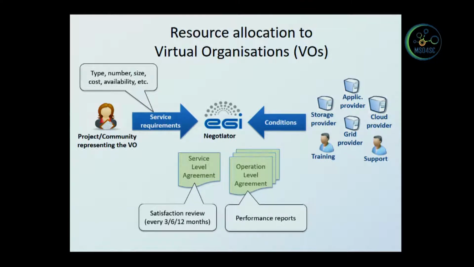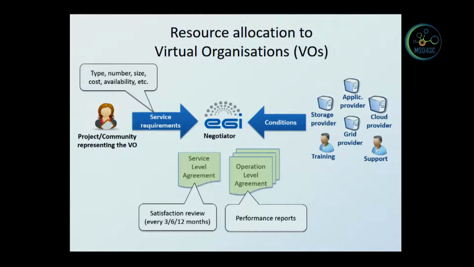That helps us improve the services, identify the best performing providers, and also generate performance reports and inform the user community about what they actually used, what was available for them based on the SLA we signed.